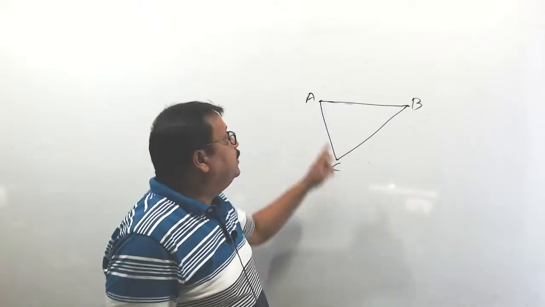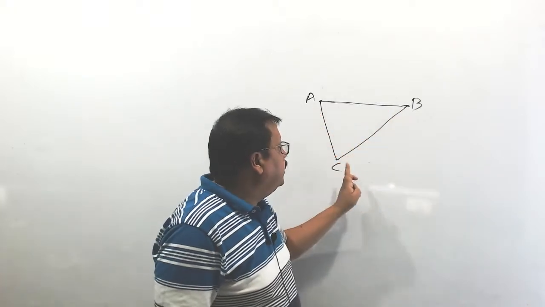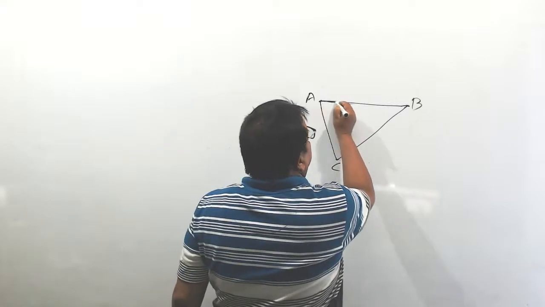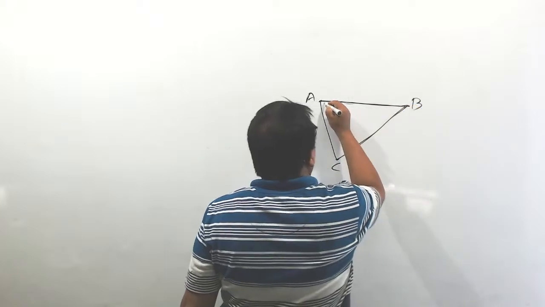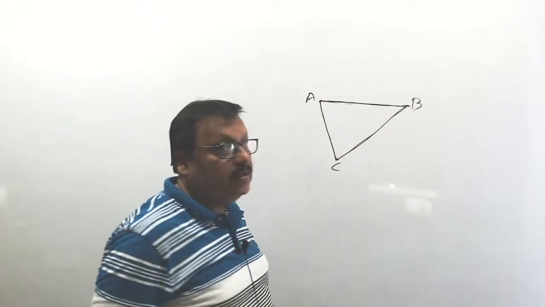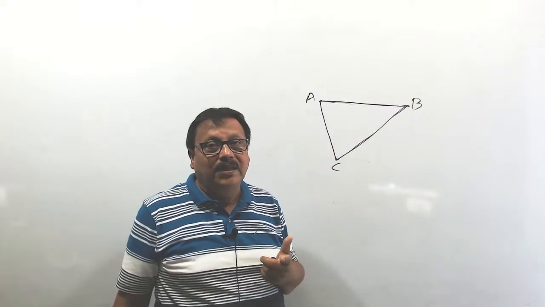A is a point, B is a point, and C is a point, right? So line segments AB, BC, and AC, three line segments, and this plane figure is called a triangle, right?